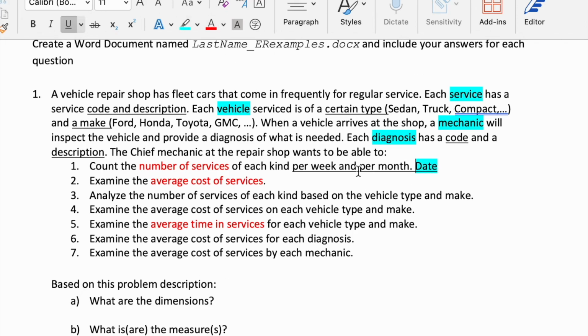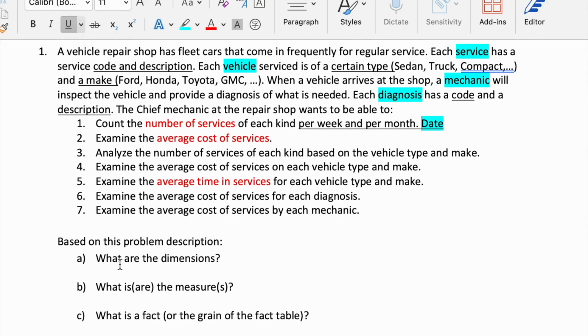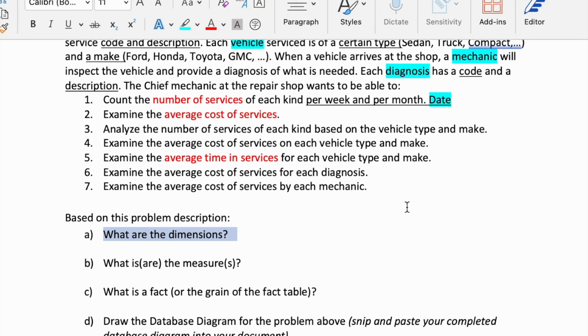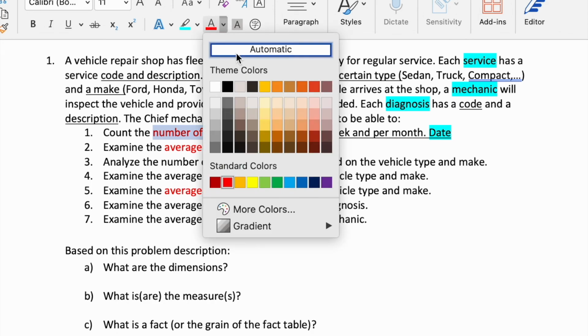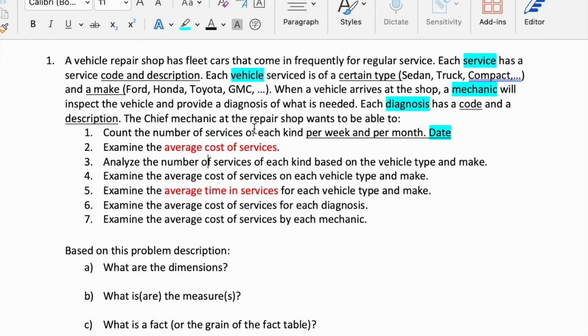Okay, so now it looks great. That's question A. We have service, vehicle, mechanic, diagnosis, and dates as the dimensions. For the measures, it will include the cost of service, and the average time in service. The number of service rows in the fact table is not a measure, it's just how many rows, the size of the fact table.